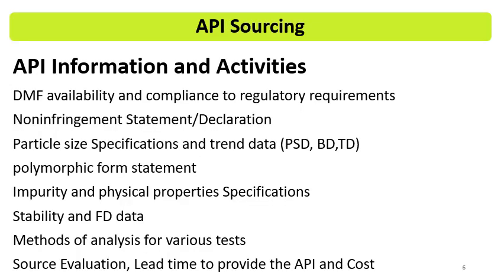Now coming to the API sourcing. API sourcing should be done from 2-3 vendors. DMF availability and compliance to the regulatory requirement is required to be checked. Then a non-infringement statement or declaration is taken from the vendor.